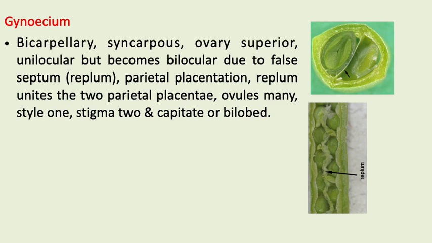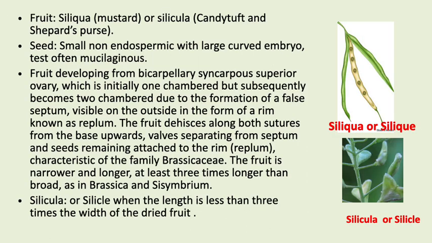Ovules many, style one, stigma two, capitate or bilobed. Now the fruit. Fruit is siliqua, for example in mustard, or silicula, for example candytuft and shepherd's purse. Seed small, non-endospermic with large curved embryo.